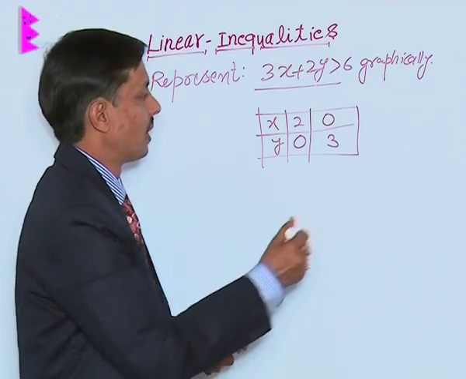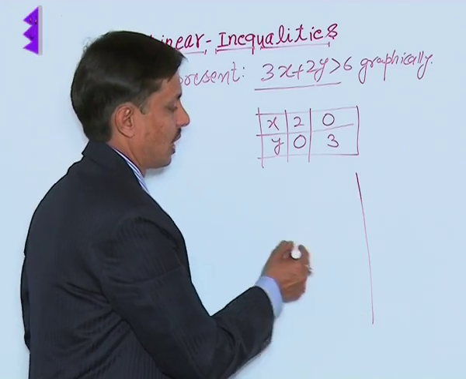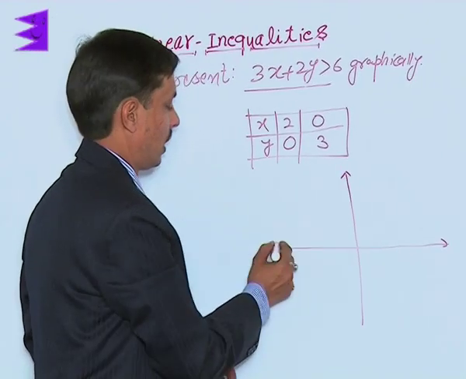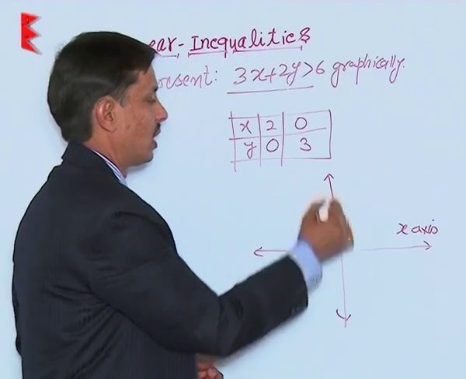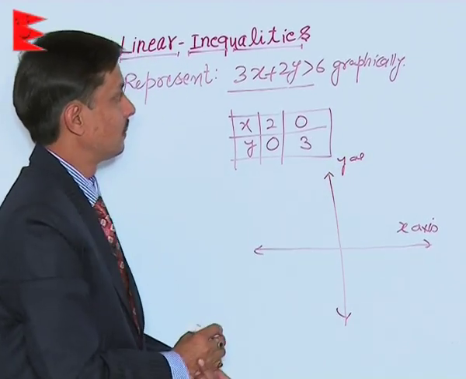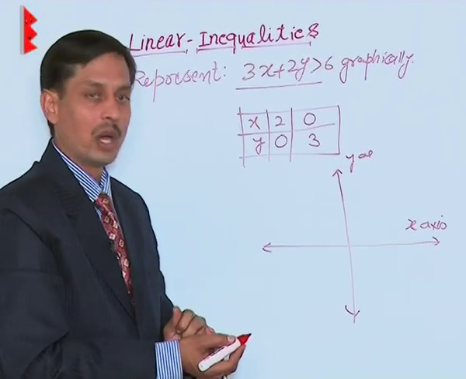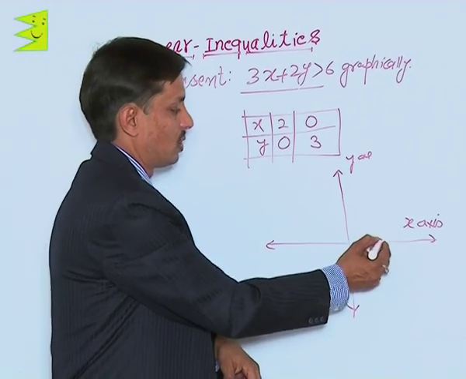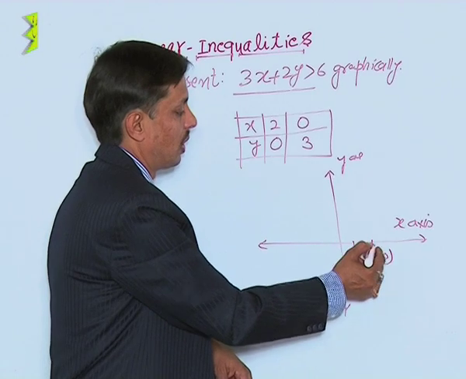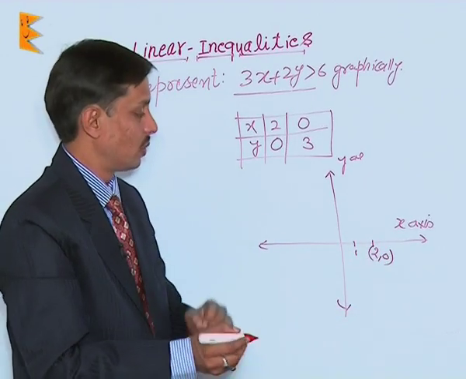First thing is clear. Then, as you know, on the graph we always take one as the horizontal x-axis and the other as the y-axis. The point (2, 0) will lie on the x-axis. Suppose this is 1, this is 2. So this becomes (2, 0).